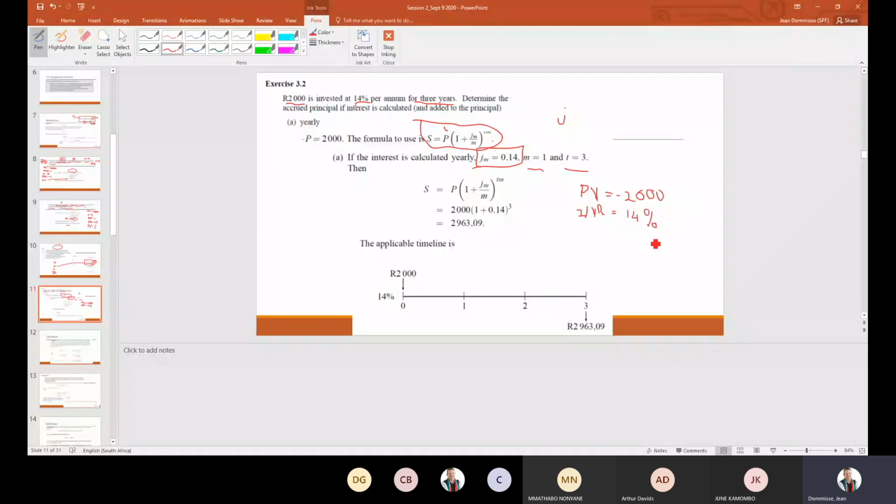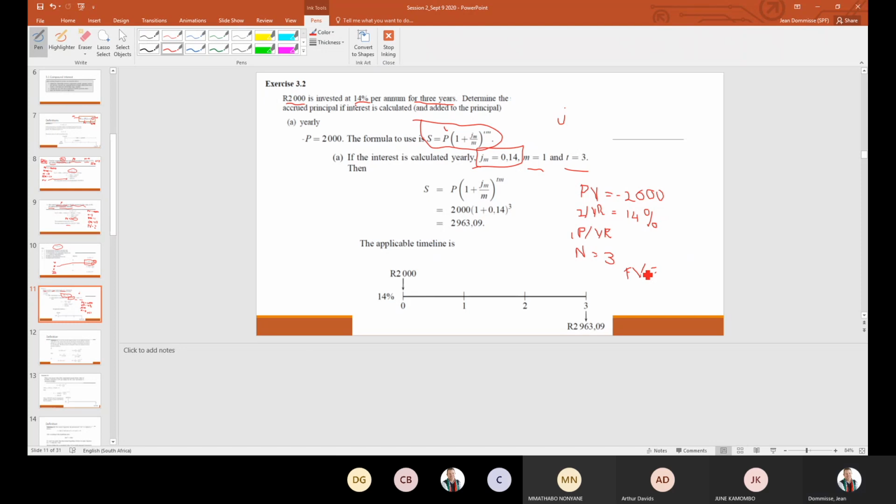It is per annum, so it is still 1 time per year in the calculator. Then what is missing is n that is equal to 3. And then if we ask for future value on the calculator, we are supposed to get the 2963. So let's quickly check that.